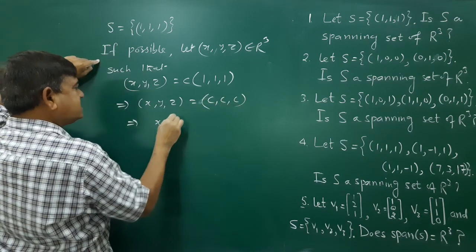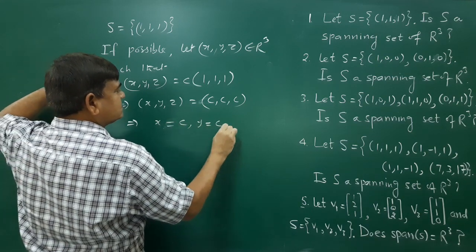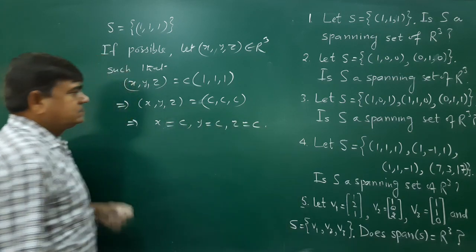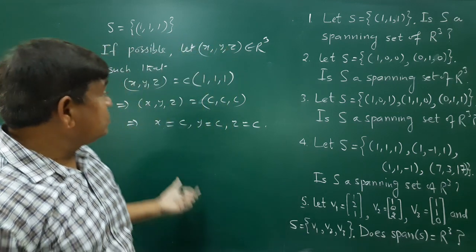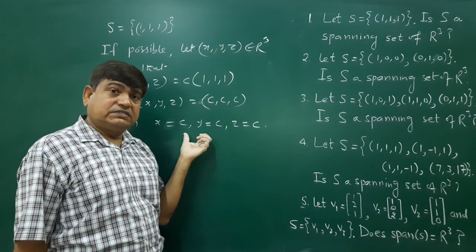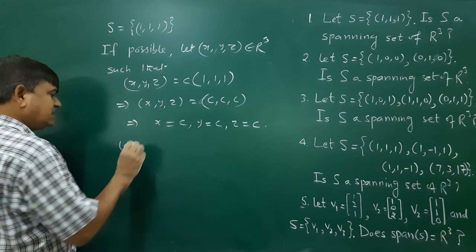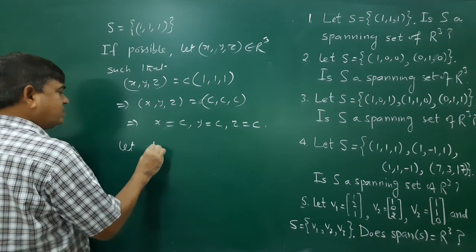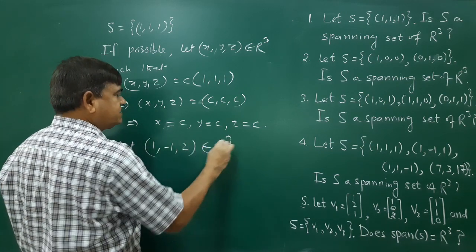this implies it means this is not true for all. If I write, let (1, minus 1, 2) belong to R cubed.